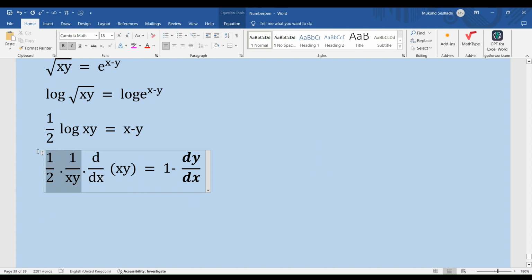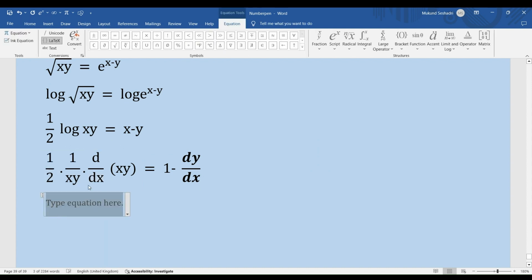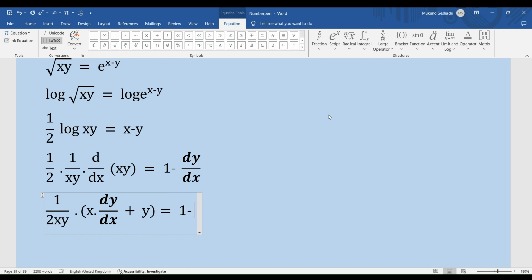So I have 1 divided by 2xy times d by dx of xy equals x times dy by dx plus y times d by dx of x, which is nothing but 1, right? So all that I'm doing is applying the product rule of differentiation, and then I have my RHS as it is.